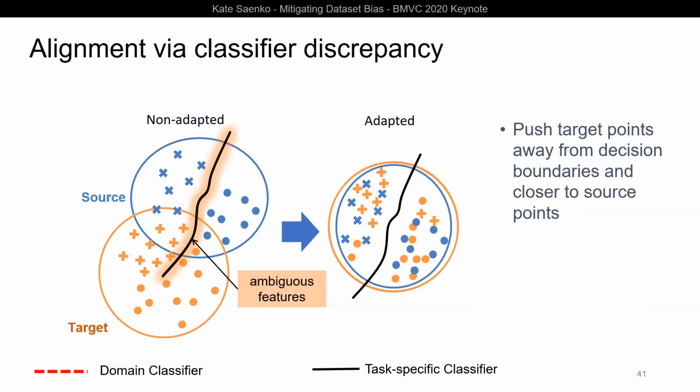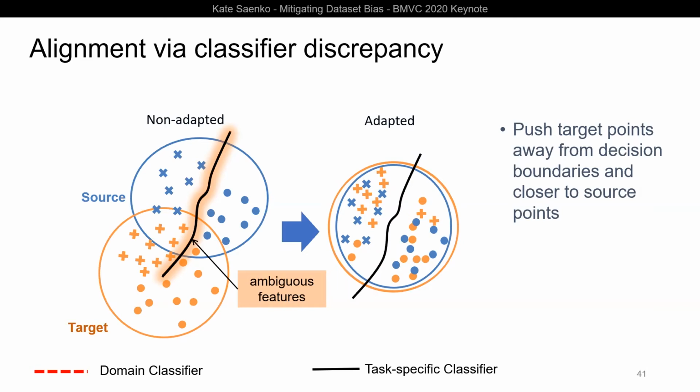First of all, when we look at the task-specific classifier, during training, what we want to do is detect ambiguous target features. So these are features in the target that are close to the decision boundary. And so we want to detect them, and we want to make them less ambiguous. We want to make those features more discriminative.